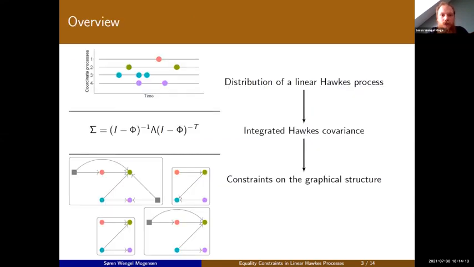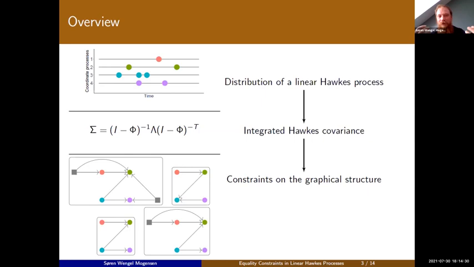This talk is really about assuming that we observe data from, or that we have access to the distribution of, a linear Hawkes process. From this, we will define something that we're going to call the integrated Hawkes covariance, and it obeys a very nice equation.